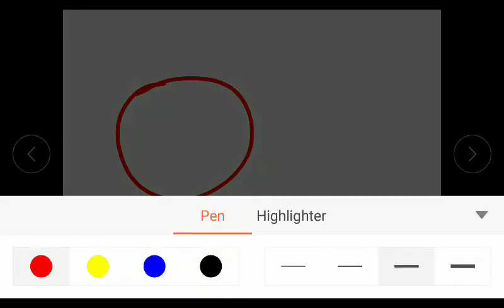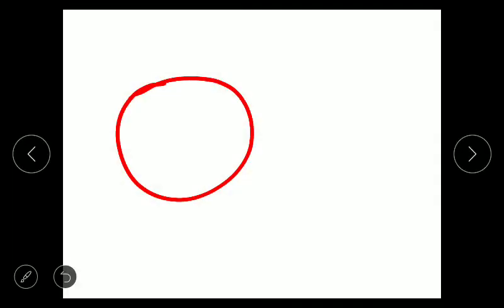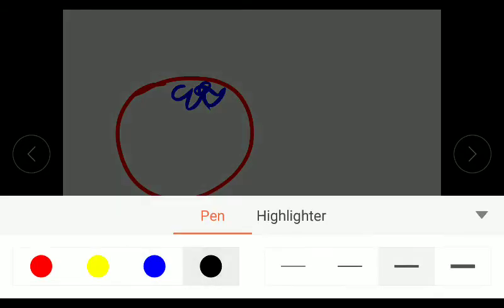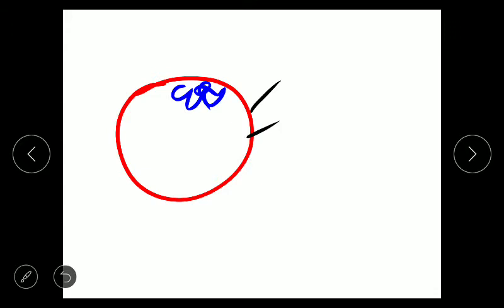There will be an inner cell mass. These are the structures which represent the inner cell mass. After the process of implantation, finger-like projections appear on the blastocyst, and these structures are known as chorionic villi.